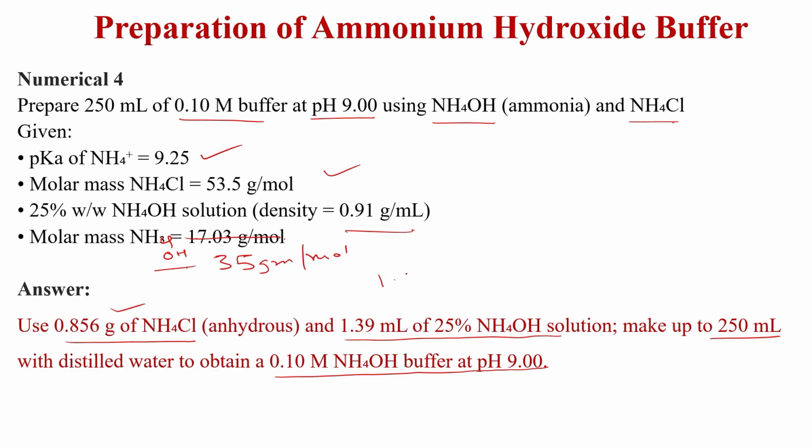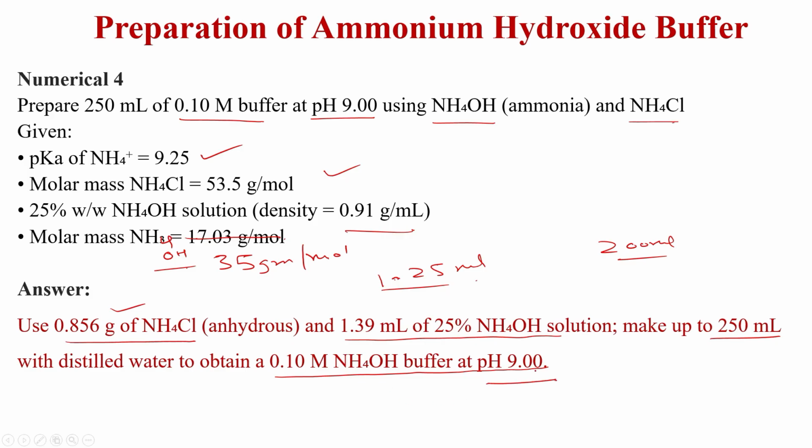Let's say you take 1.25 ml of 25% ammonium hydroxide solution initially, make up the volume to say 200 ml, adjust the pH using the remaining amount of ammonium hydroxide, and then finally make up the volume to 250 ml. You will have an ammonium hydroxide buffer of strength 0.1 molar, pH 9.